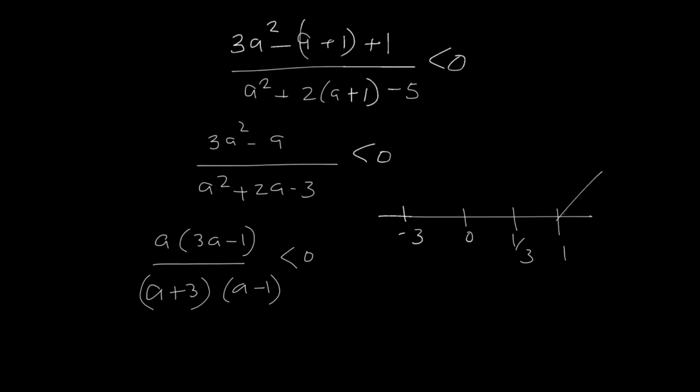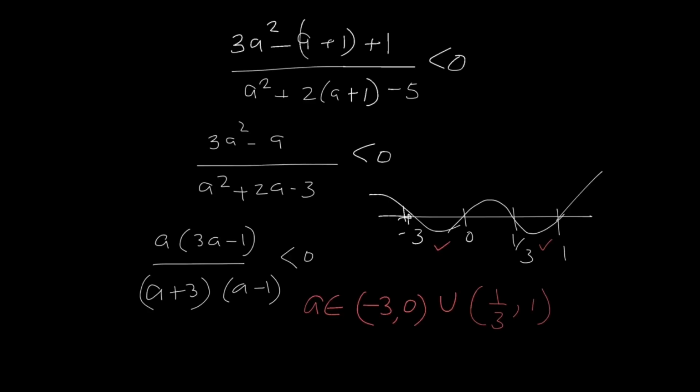Then you can draw this wavy curve over here and see that the value of this inequality is less than 0 in two intervals, from −3 to 0 and from 1/3 to 1. So the answer to this question is a belongs to (−3, 0) union (1/3, 1). So that is the answer.